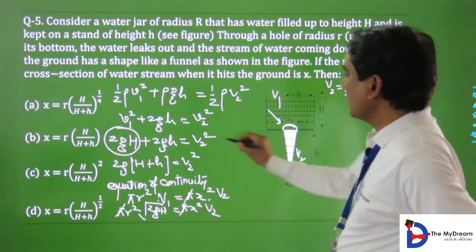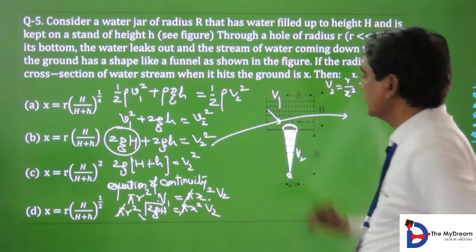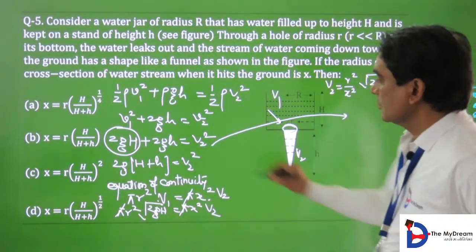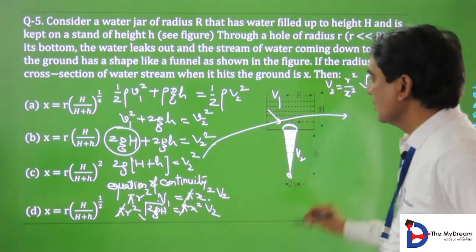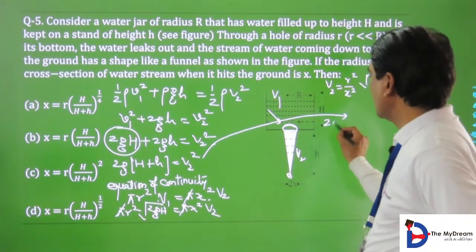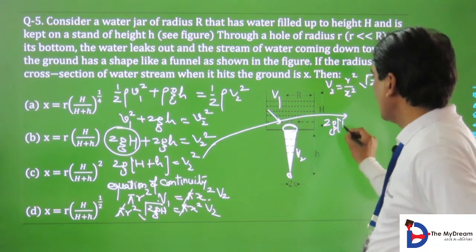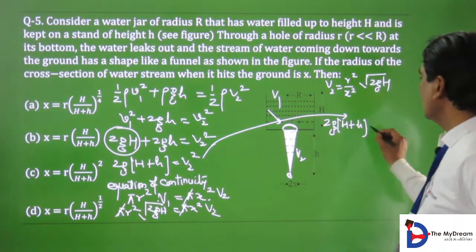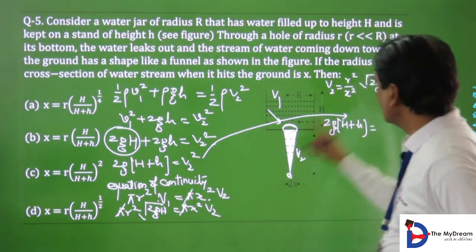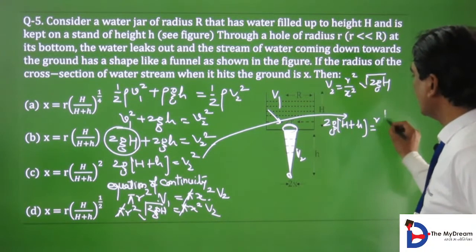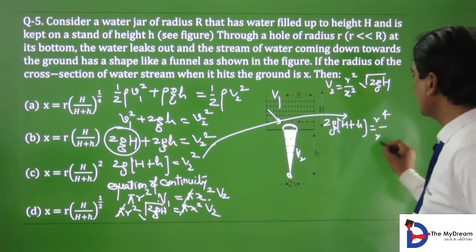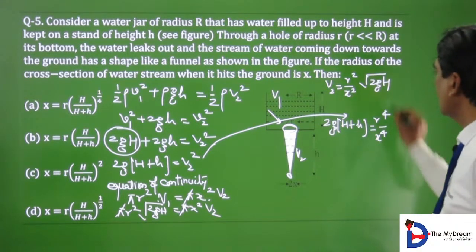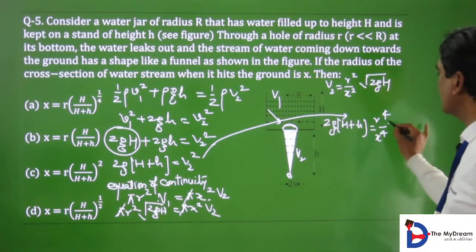Now you can put the value of v2 here, that is twice of g, capital H plus small h. There is the square, so you can make r raised to power 4 upon x raised to power 4, and square of this, that is 2gh.